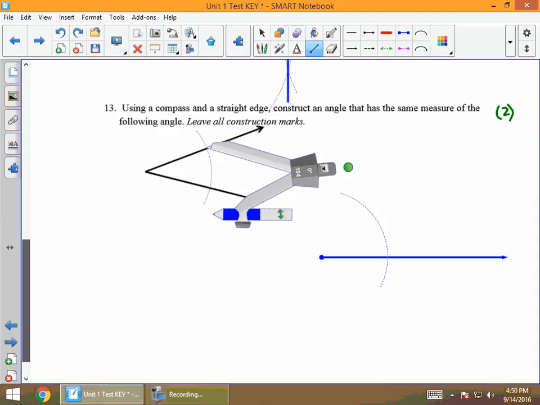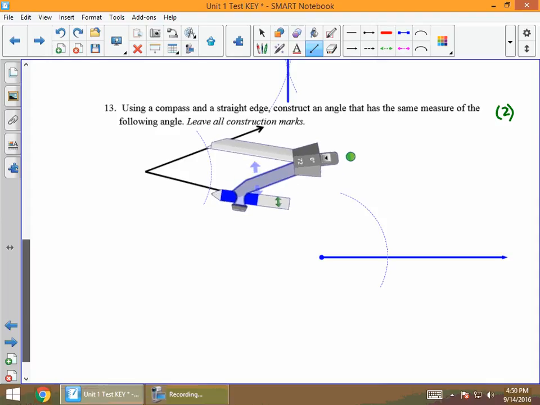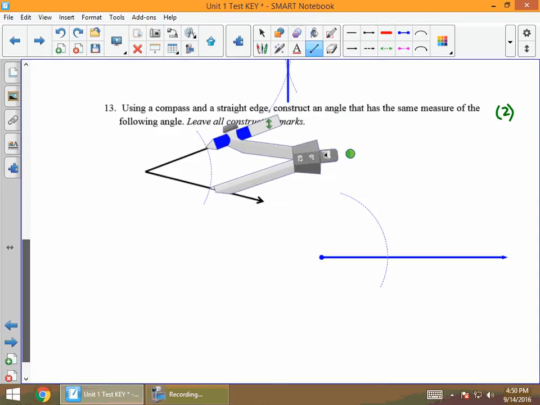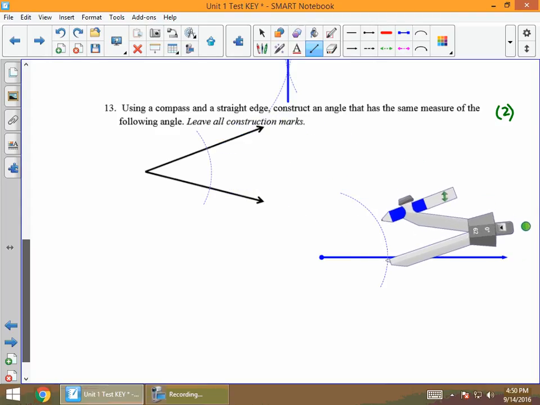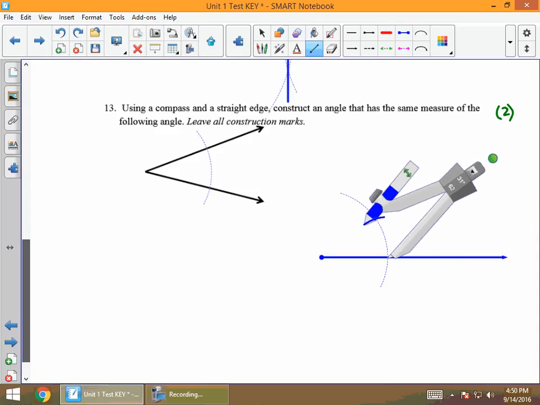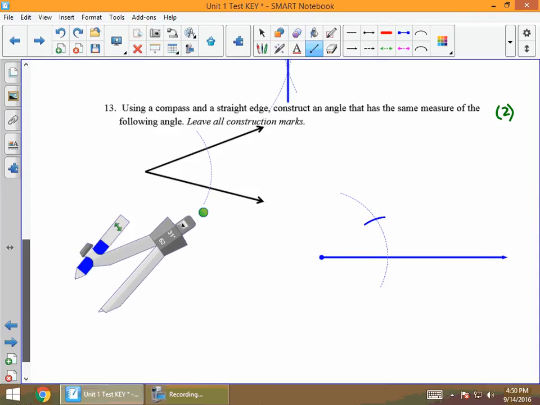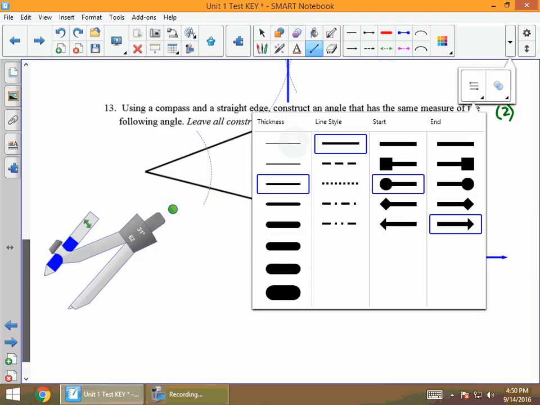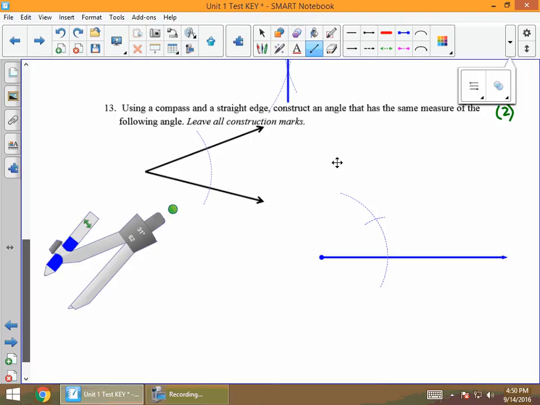So measure from one spot right there. That is how wide open my angle is. So, and here you can see I just flip my compass around. So I'm going to move this down to that intersection point. And I'm going to intersect that as well. So again, that is another construction mark. So you can tell the construction mark.